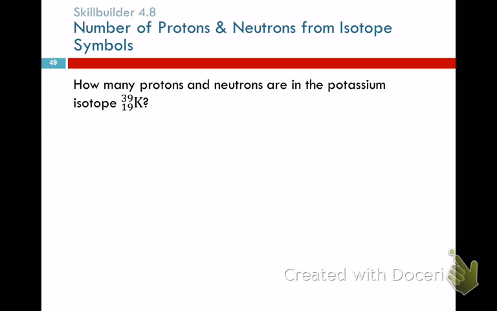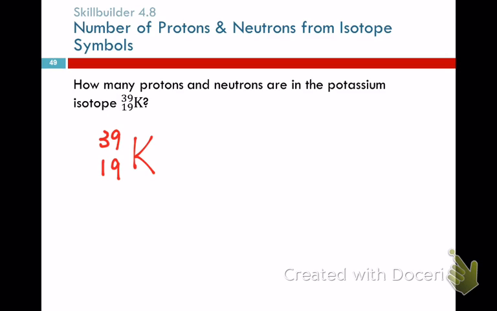All right, how many protons and neutrons are in the isotope potassium-39, is how we would say that. So, K, 39, and 19. This is how I like to do it.